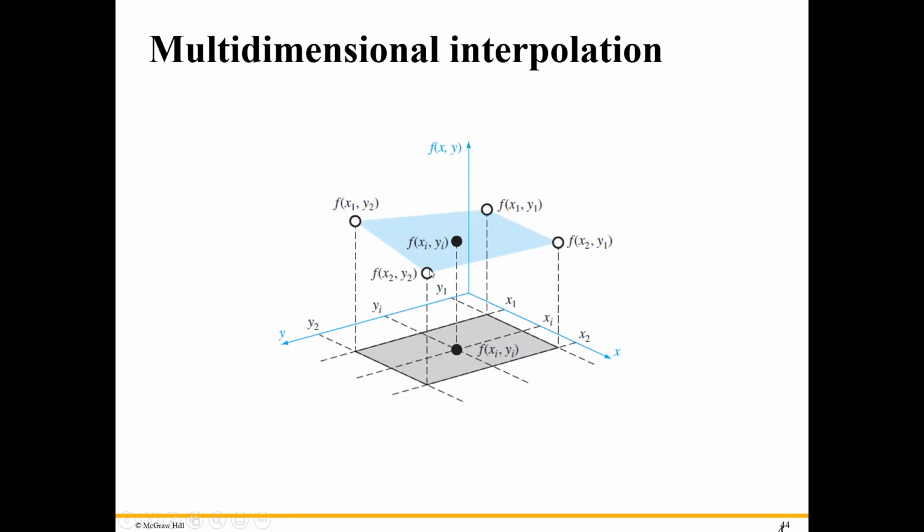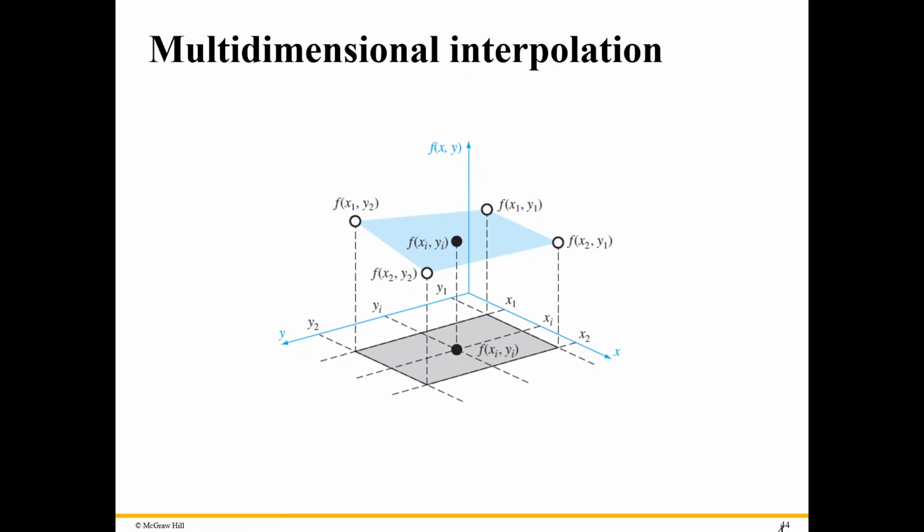Okay, so if we have these 4 data points, which are basically the 4 corners of this plane, and we want to find the value of the function at any point in between, we can do this with the help of linear interpolation.